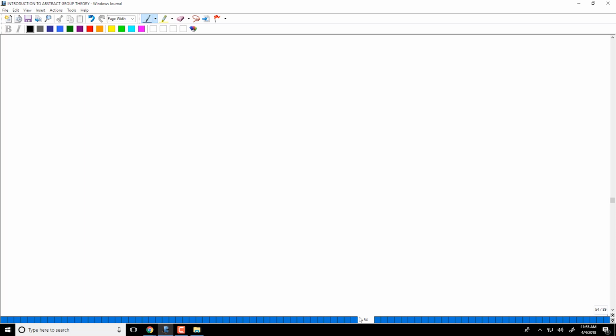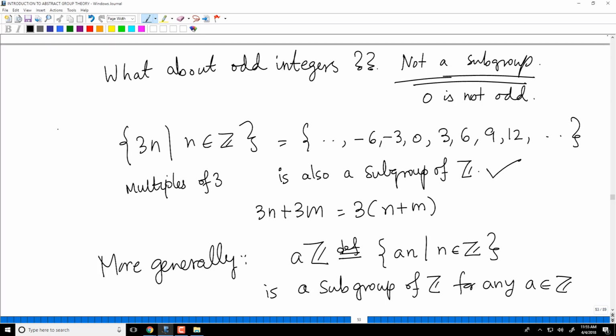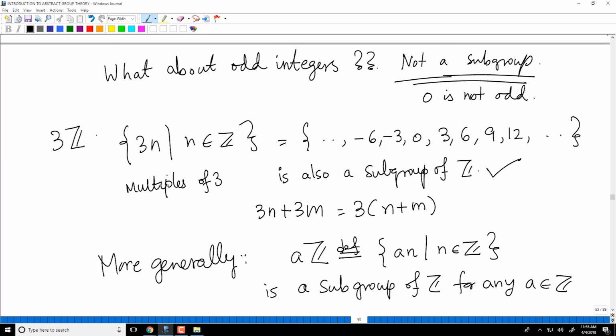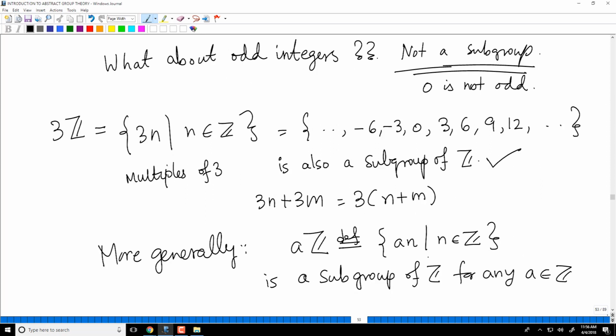Why is the previous statement true? aZ is a subgroup for any a in Z. It is exactly the same reason as it is for 2Z and 3Z. Remember, this is nothing but 3Z, and the even integers are nothing but 2Z, all multiples of 2. So, 2Z is just my notation. More generally, aZ is the collection of all multiples of a.